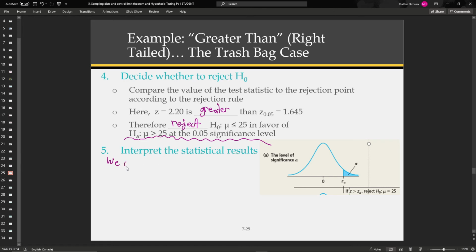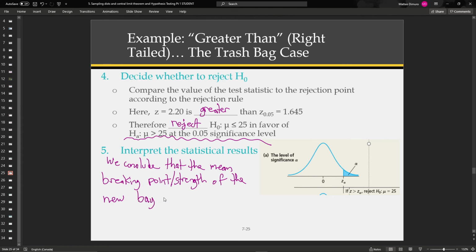So we conclude that the mean breaking point, or mean breaking strength, of the new bag exceeds 25 kilograms.